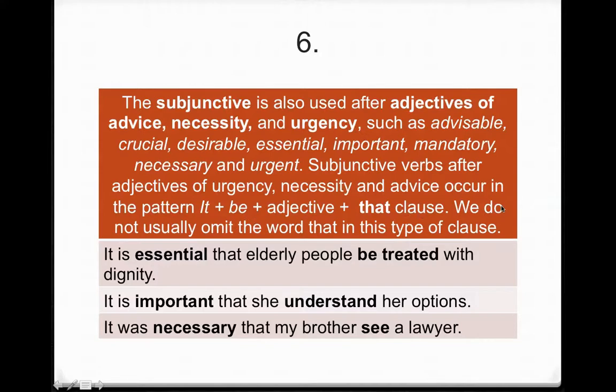We do not usually admit the word that in this type of clause. So it is essential, this is an adjective, that elderly people be treated with dignity. It is important, adjective, that she understand her options, her choices. It was necessary, adjective, that my brother see a lawyer. All of these verbs are in subjunctive, and I do not admit that when I'm doing this kind of thing after an adjective.